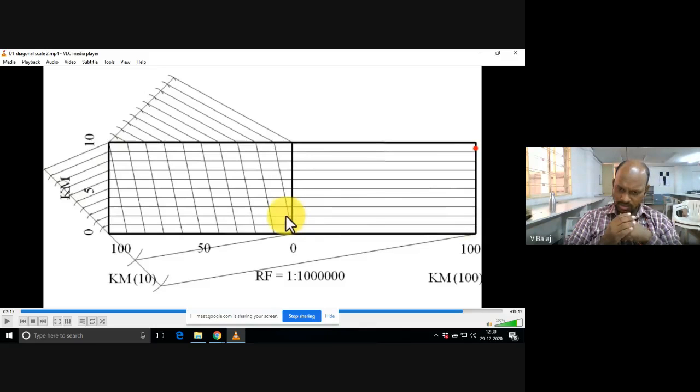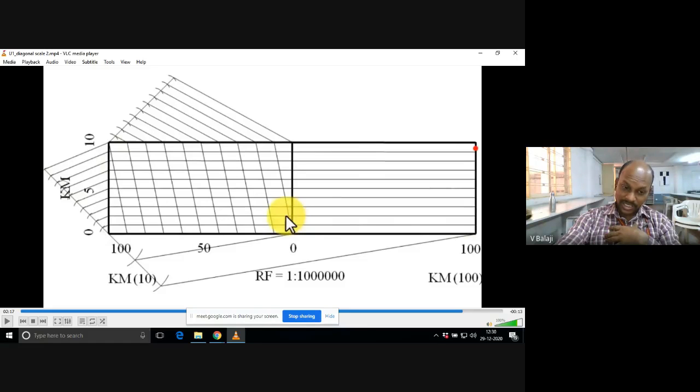And moreover, initially you are having so many divisions, right? So you can divide this into 20 parts, which means each part will be 10 kilometers. Again, this first part I will divide into 10 parts. Again, this vertical height I can also divide into 10 parts.